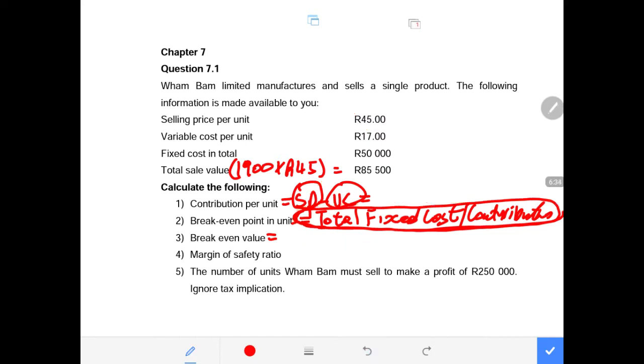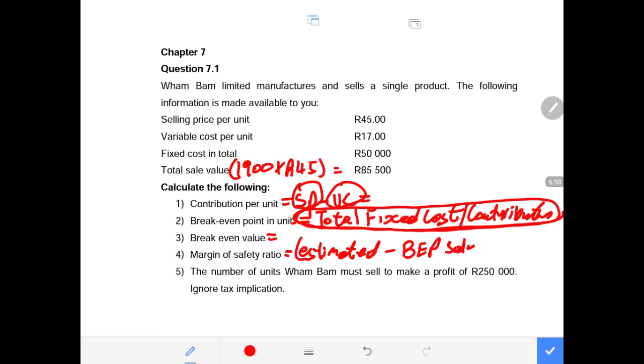Margin of safety says that estimated sales, there's also a formula. It says estimated sales, and remember I said these sales are estimated sales, not actual sales, minus break-even point units or break-even point sales. It doesn't matter how you put it.